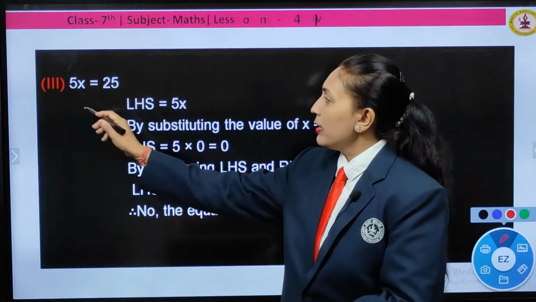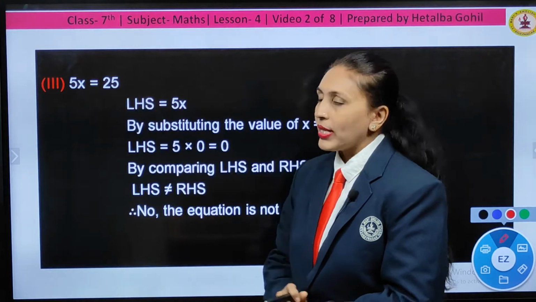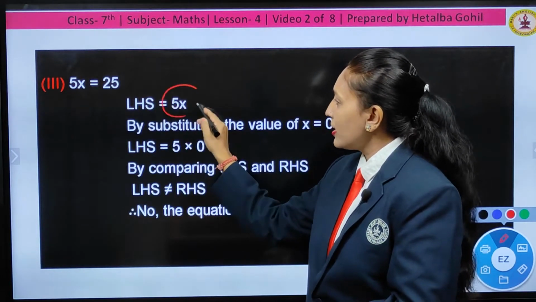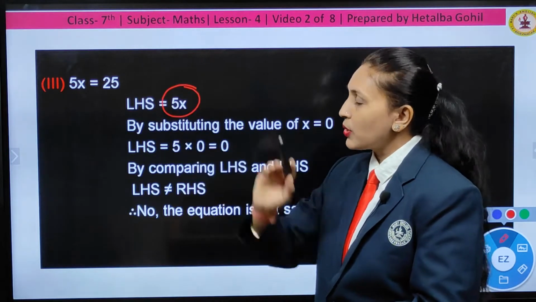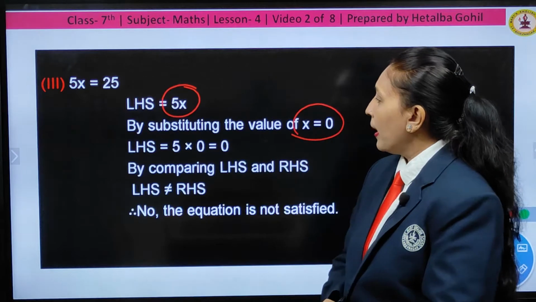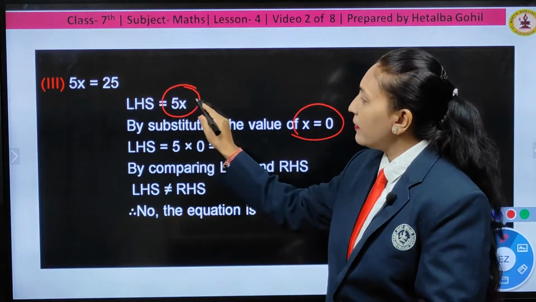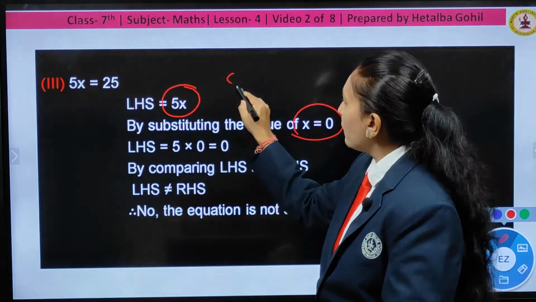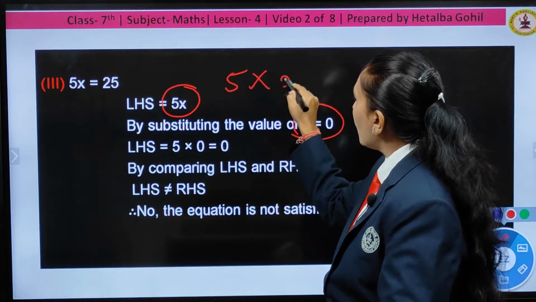Next, number 3, 5x equal to 25. Here our LHS is 5x and RHS is 25. Now let us put the value of x as 0. Children, whenever there is no sign between two numbers, like 5 and x, we always take it as 5 into x.